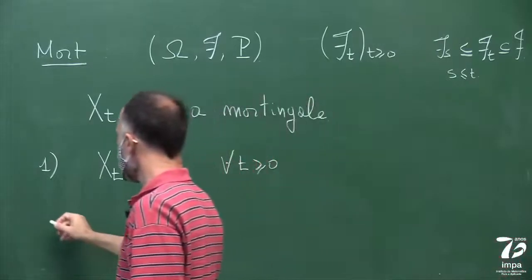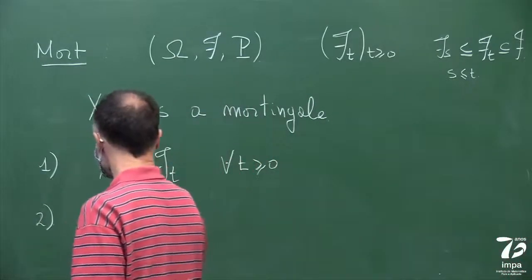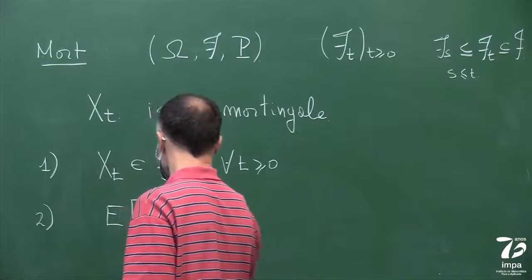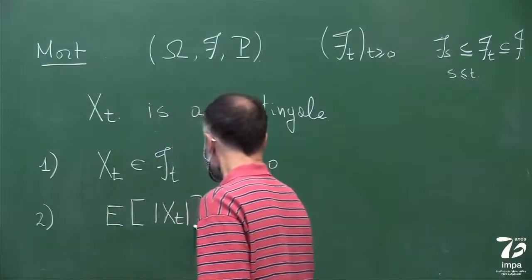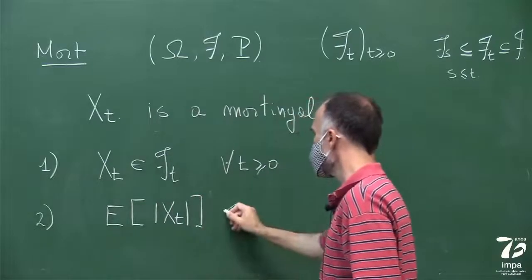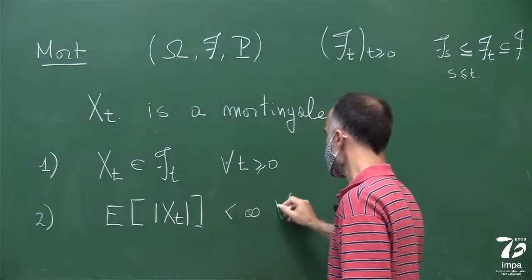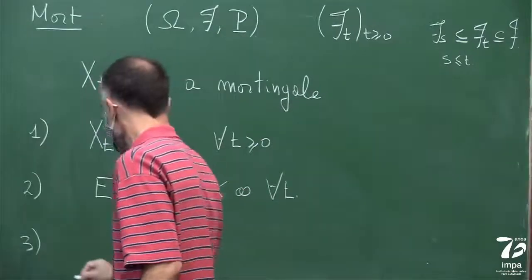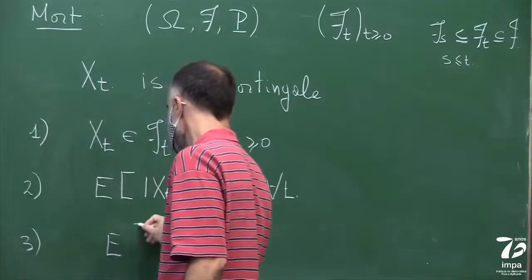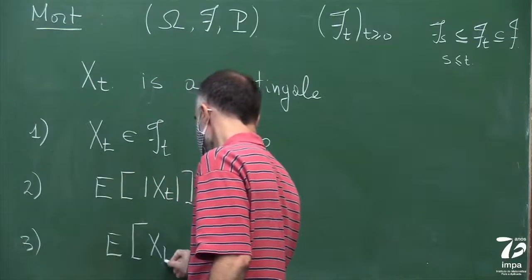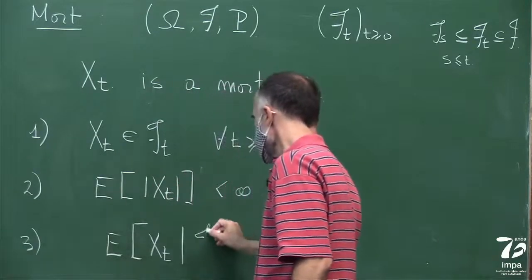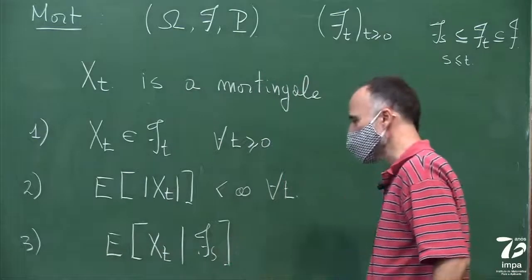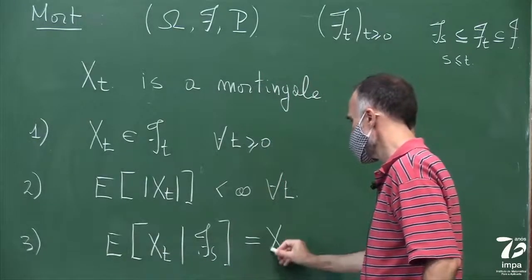Then my second requirement is that they are integrable, which means that the expectation of the absolute value of X_t is bounded for all t. And finally, I will require that if I take X_t and I take its conditional expectation with respect to F_s, for s smaller than t, then this is X_s.